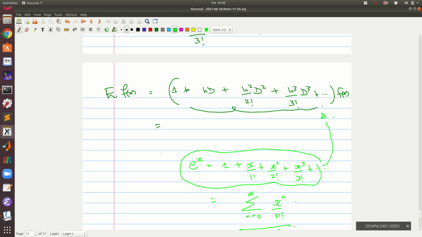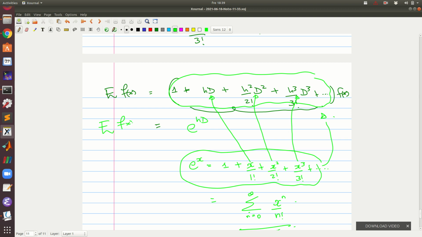So we see that whatever we have in here, if we compare with the expansion of e to the x, we can simply write this as e to the hD. In other words, wherever there is x, you're simply going to replace it with hD. This is hD squared, this is hD cubed, and so on. And what do we have this side?